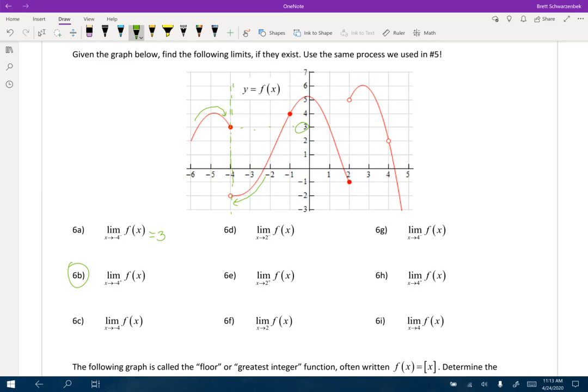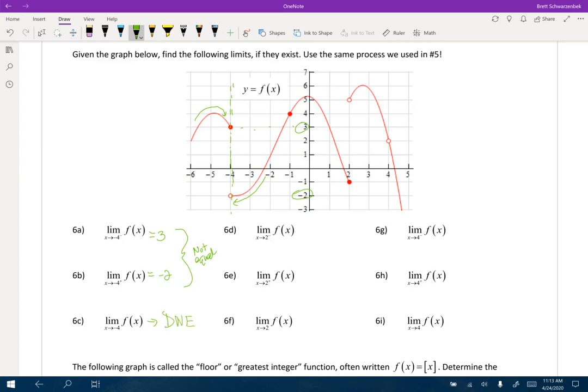When we get to this open circle right here, it looks like we have a height of -2. Because the two limits, the right and the left side, are not equal, we say that the two-sided limit does not exist.